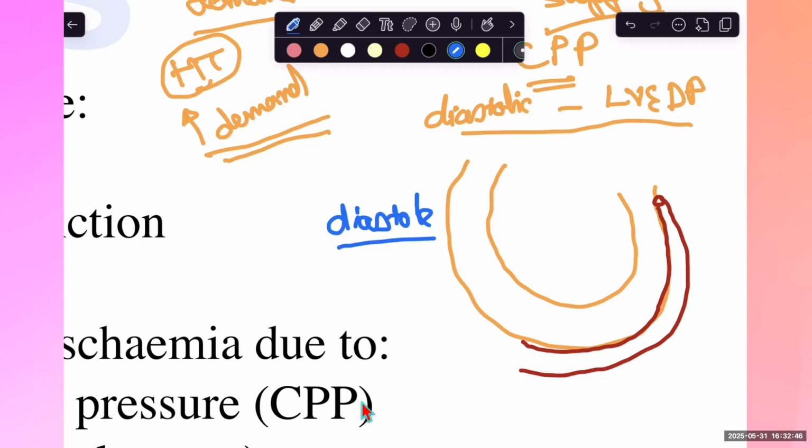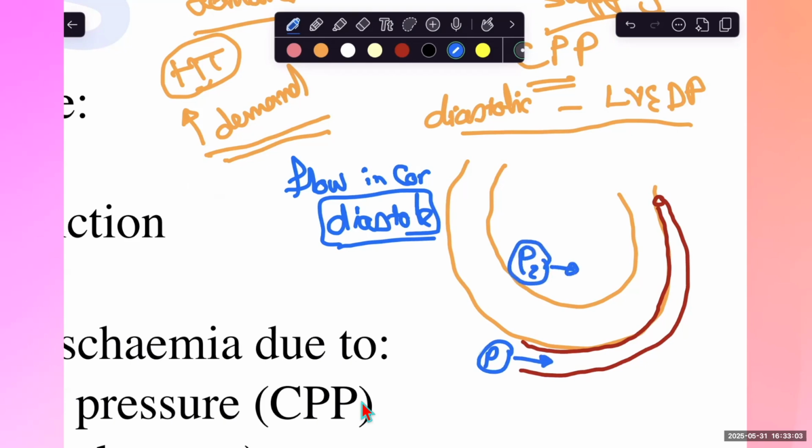This is the first flow in coronaries. It occurs in the diastole. So it goes from this pressure here to this pressure here inside. The difference between this one and this one is the driving pressure that will cause the blood to go.